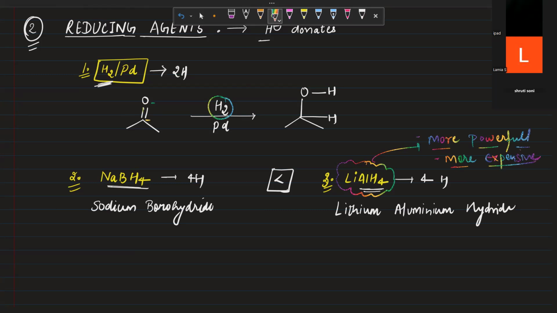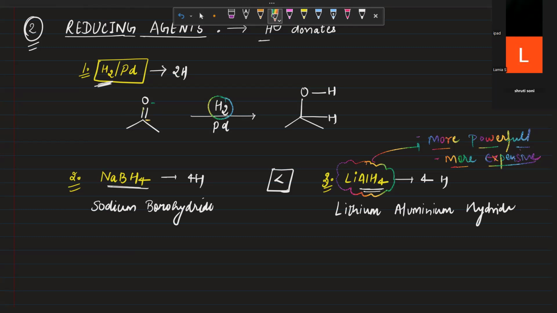All of these work as reducing agents. What is the meaning of reducing agent? The reducing agent is used to attach hydrogen to a double bond, the addition of hydrogens to any double bond. If I use an alkene instead of a carbonyl compound, what will be the product?